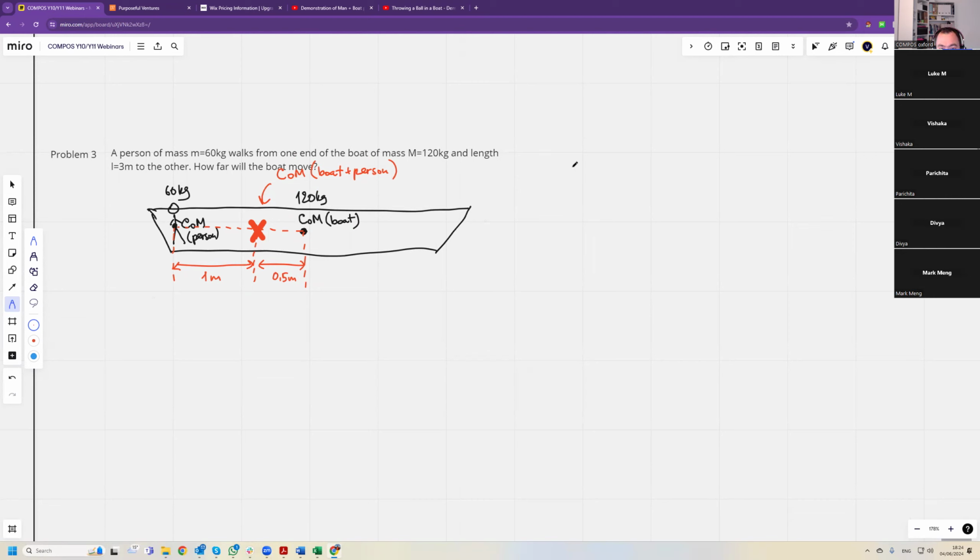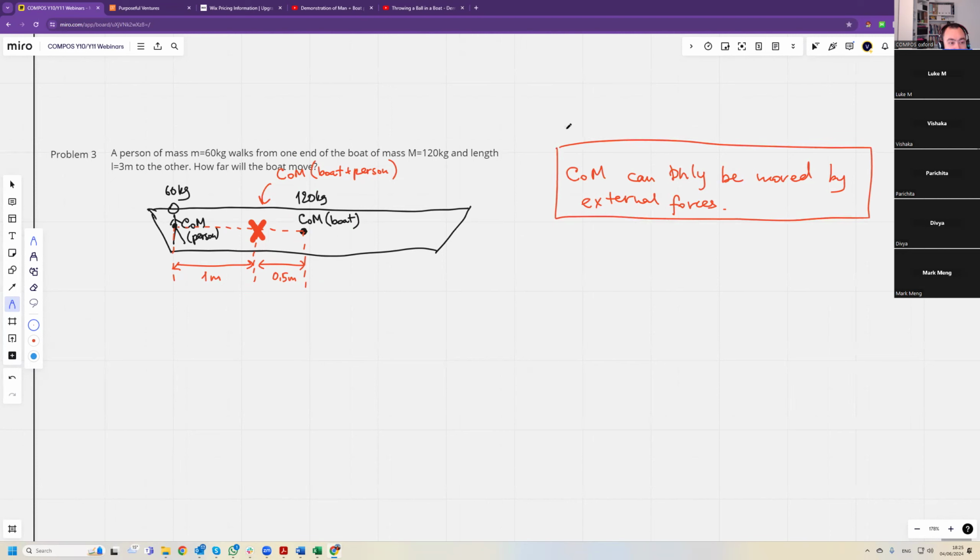Assuming you believe me, the center of mass can only be moved by external forces. That's one of the consequences of conservation of momentum.